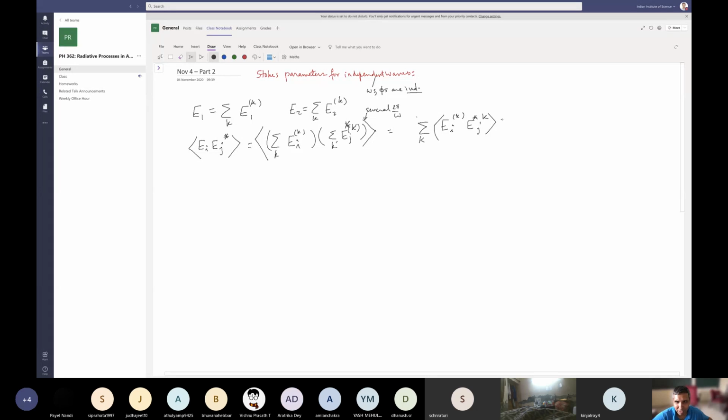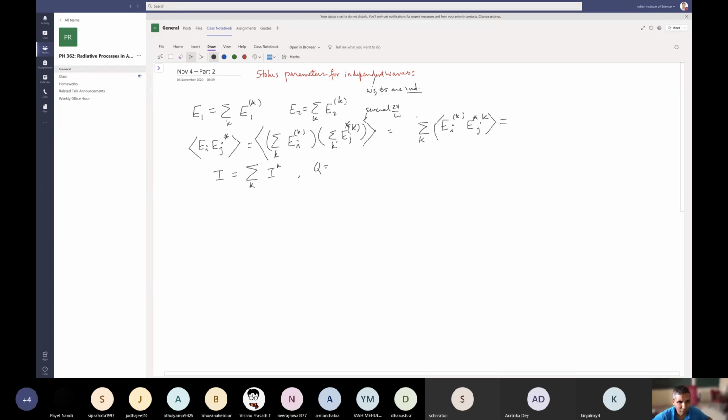So all these terms will just be a superposition of your Stokes parameters. Your total Stokes I involves only E1 E1 star and E2 E2 star, so all these independent I's for the k independent waves will just add up.